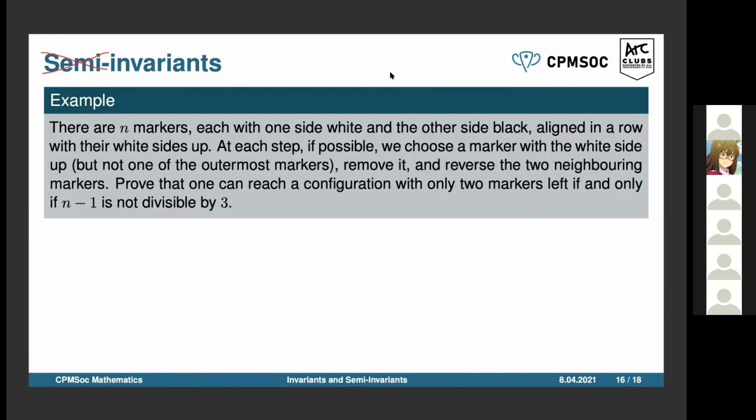Cool. So obviously we have either white or black markers, white and black sides of the markers, and one of the sides has to be up. So we'll talk about the markers in terms of which side is currently up.